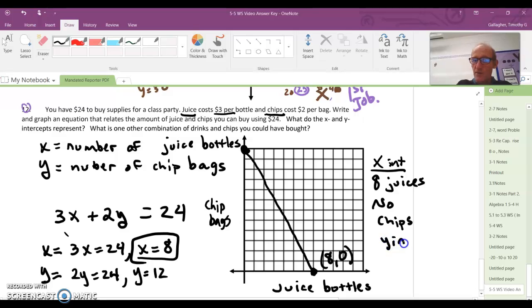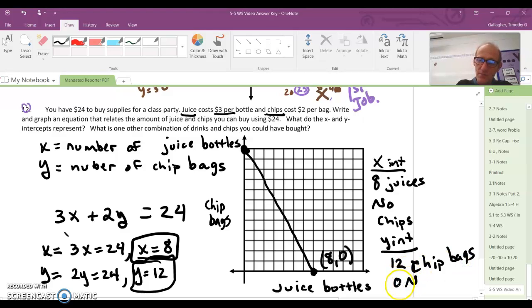And the y-intercept represents 12 chip bags, no juices, because it's 0, 12.